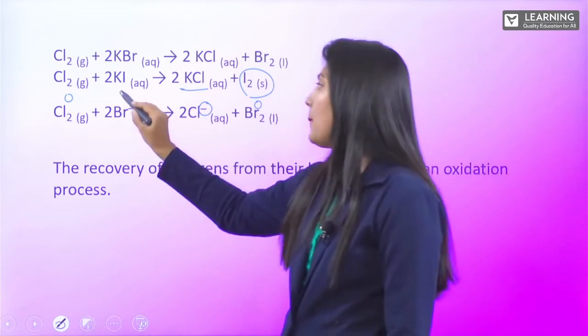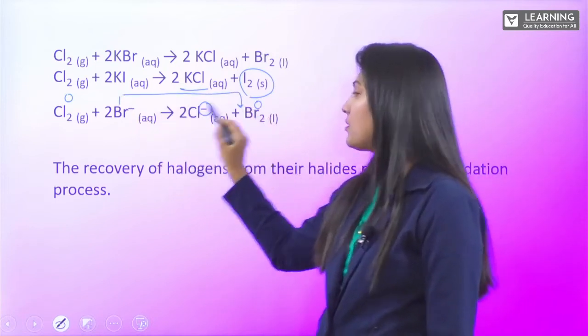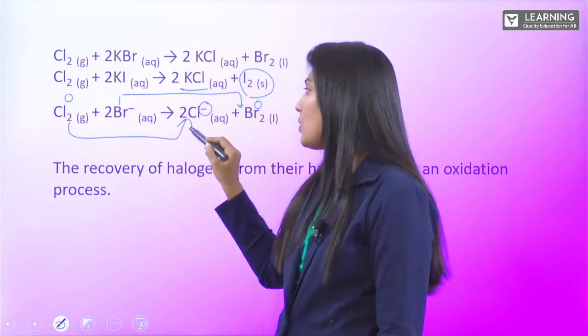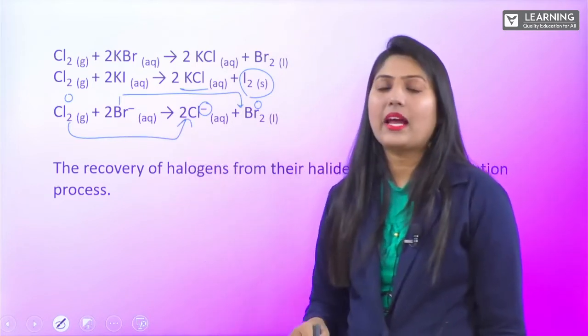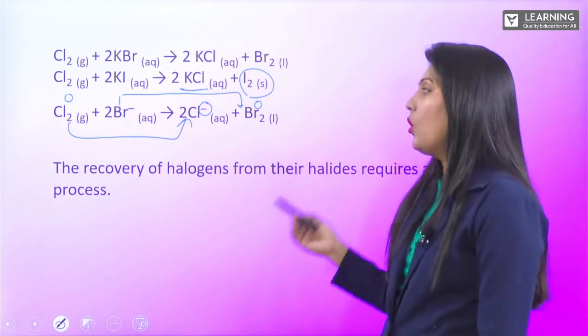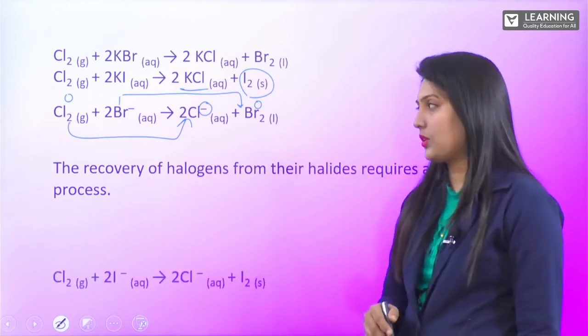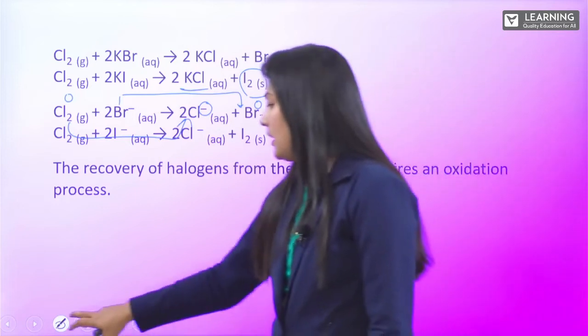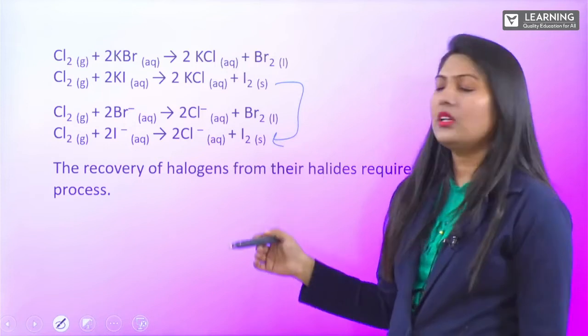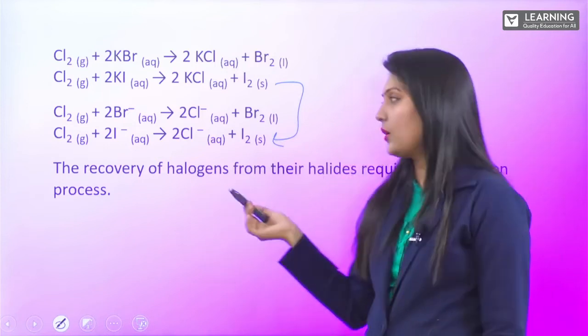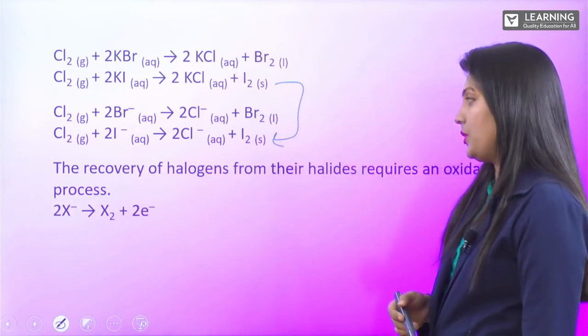That means 0 to -1 for chlorine. So here loss of electron takes place for bromine, and bromine undergoes oxidation, whereas chlorine undergoes reduction. Similarly, with the same example they are showing here, chlorine is undergoing reduction, iodine is undergoing oxidation.